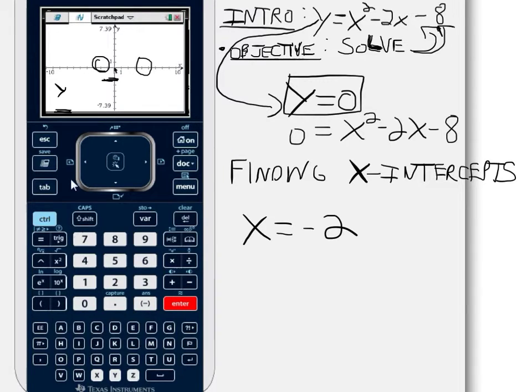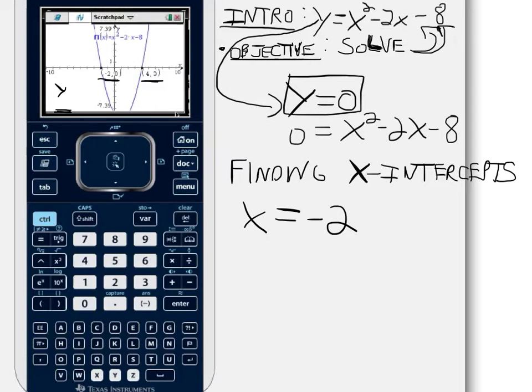For the left bound, I click on a point to the left of it, right there, and I drag it past the 0. Hit Enter, and you can see you get 4, 0 for it. So these are the 2 answers right here: negative 2 and 4. I erased the other one, but these are the 2 answers. X equals negative 2 and 4.